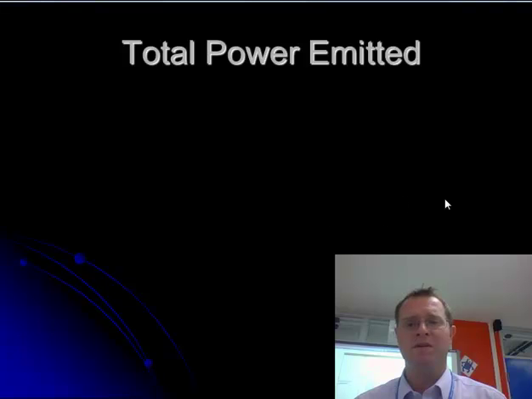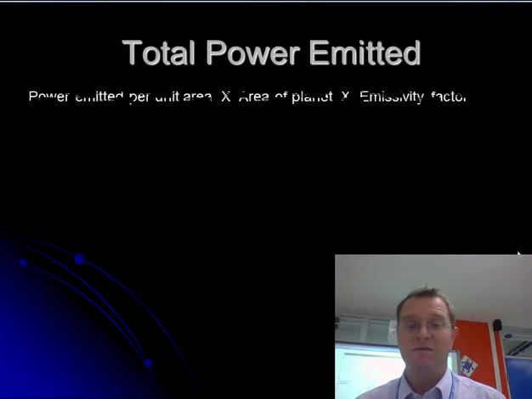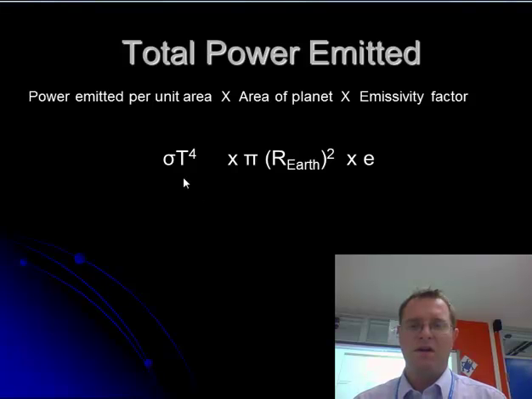Overall, if we think about this as total power emitted, it's going to be power emitted per unit area times area of the planet times emissivity. Power emitted per unit area is going to be Stefan-Boltzmann's constant times T to the power 4. For the area of the planet, again I've simplified here.